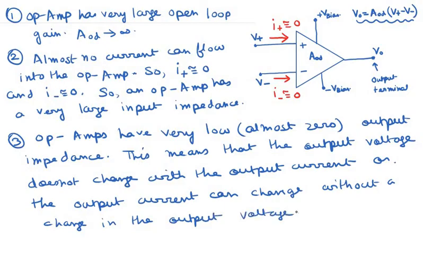So these are the three basic properties of the op amp, and all other properties can be derived from these three. Let us write the fourth property, which can be derived from properties 1, 2 and 3.